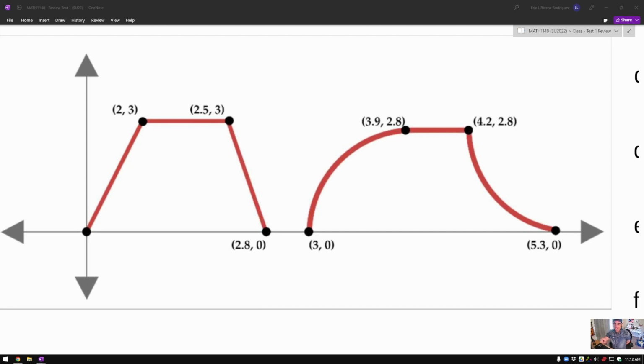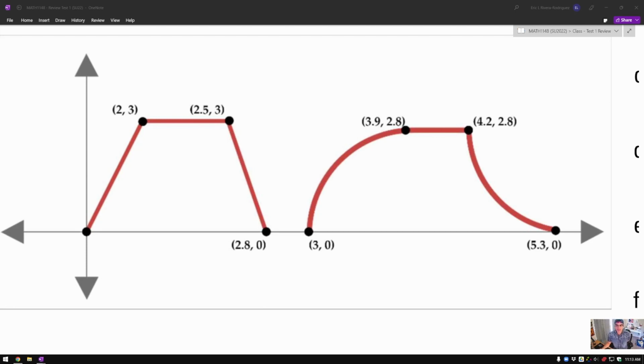The detail here is that when I ask for the maximum values, I am just referring to the y values. Ya que cuando estamos hablando de extremos, nos referimos solamente a los valores de y de la función. So when we are referring to the extreme values, we are just going to answer based on the y values.